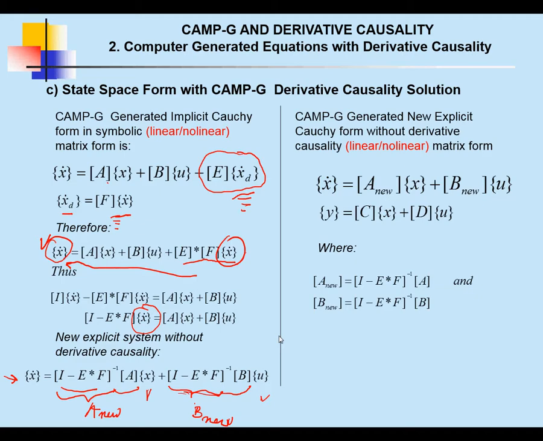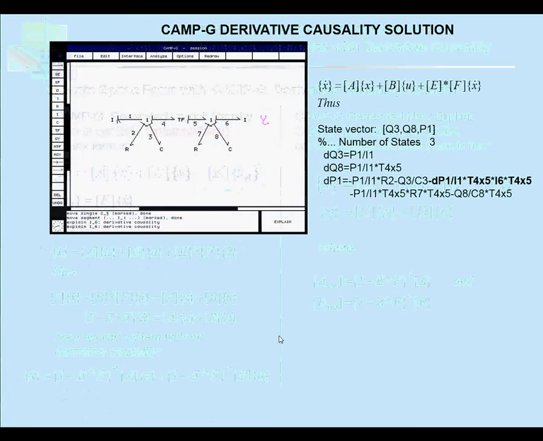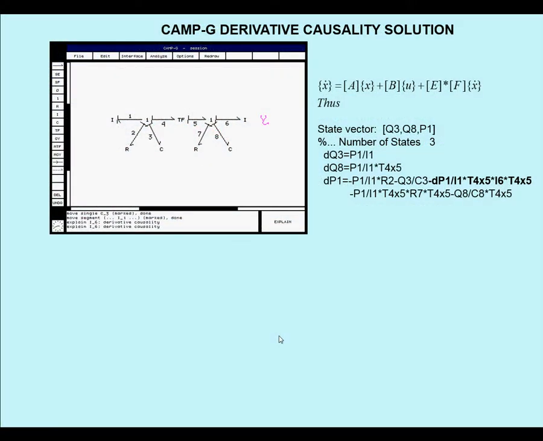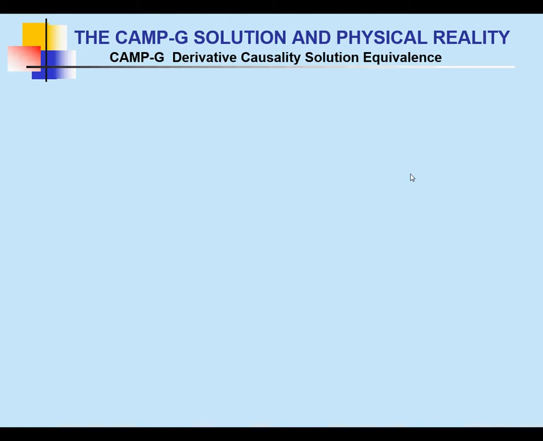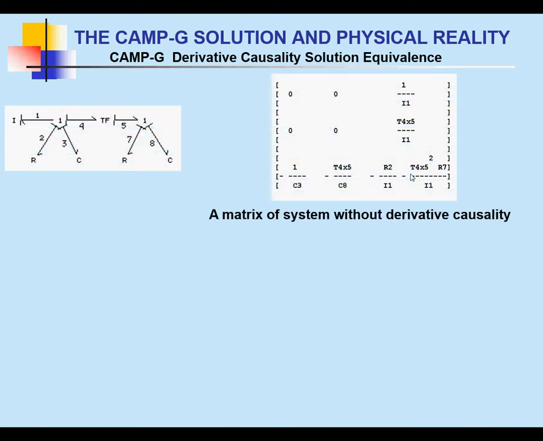Once it is generated, if you have it in CAMG here, you will produce these equations that you see on the right hand side over here. Yeah, we will produce the new A, this would be the A new, and then we will produce the B new.